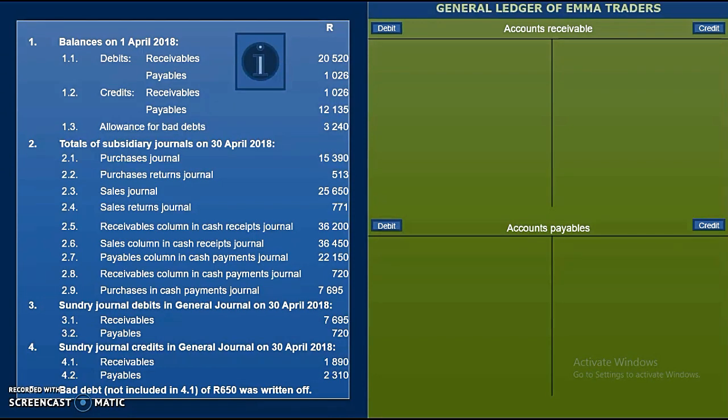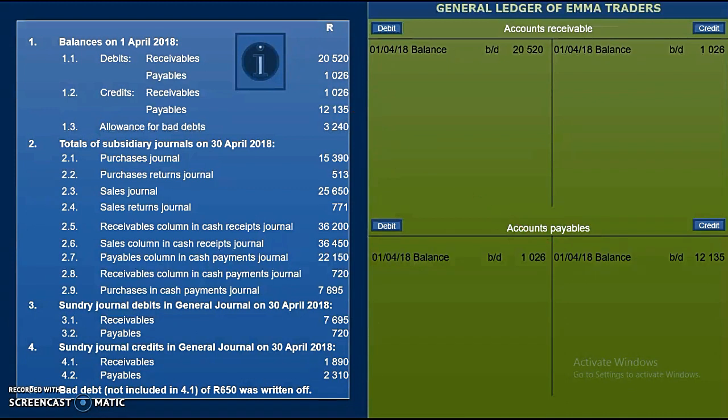For receivables, we will therefore have a debit balance brought down of 20,520 Rand. For payables, we will have a debit balance brought down of 1,026 Rand. Receivables will also have a credit balance brought down of 1,026 Rand, and payables will have a credit balance of 12,135.